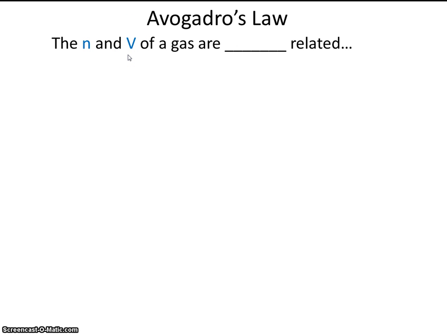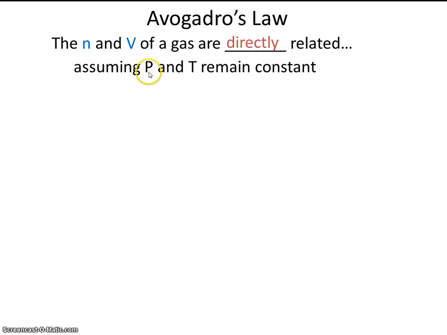Well, it goes up. So moles and volume are directly related. And again, that assumes that pressure and temperature remain constant. Now, if we were going to graph Avogadro's law, it would look exactly like the other two graphs. Because moles and volume are directly related, it also has a linear shape.